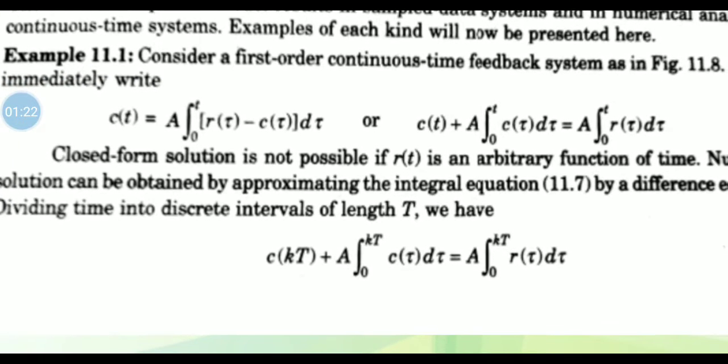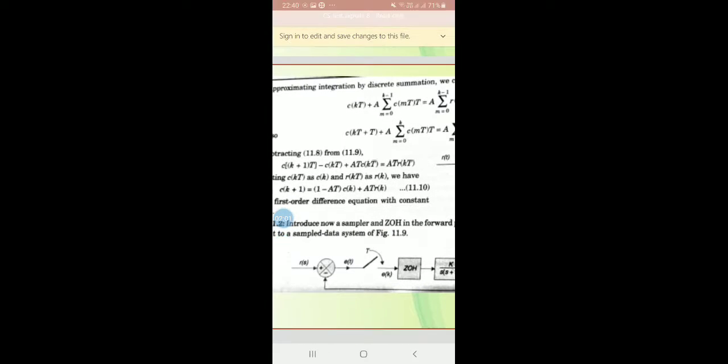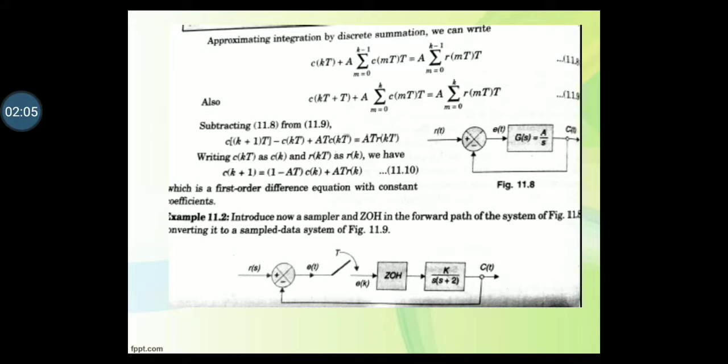Dividing time into discrete intervals of length T, we have c of kT plus a integration 0 to kT of c of tau d tau is equal to a integration 0 to kT of r of tau d tau. Is it clear?